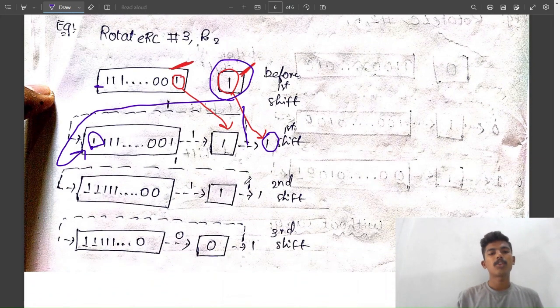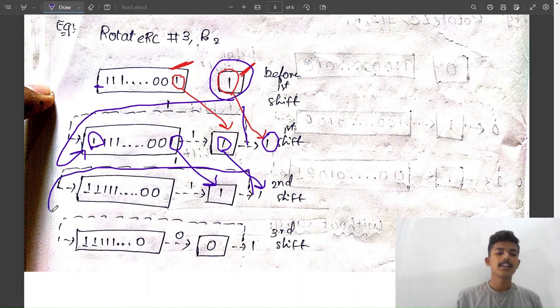After performing the second shift, this one is eliminated from the carry, and we are shifting this one into the carry. The eliminated carry, that is 1, is filling the vacancy that is created again. Here also a vacancy is created, and this vacancy is filled by this one.